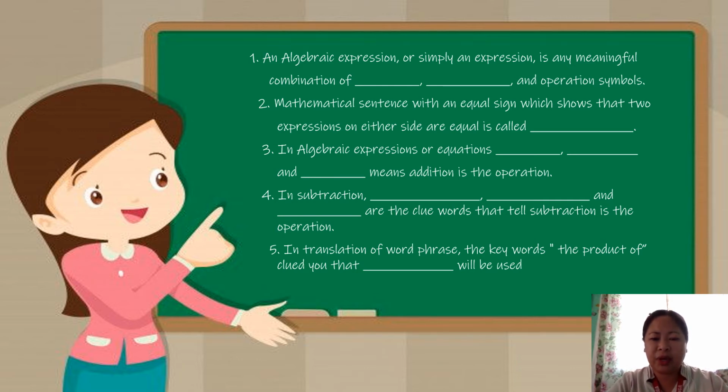In algebraic expressions or equations, blank and blank means addition is the operation. Number 4. In subtraction, blank, blank, and blank are the clue words that tell subtraction is the operation. Number 5. In translation of word phrases, the keywords the product of clue you that blank will be used.